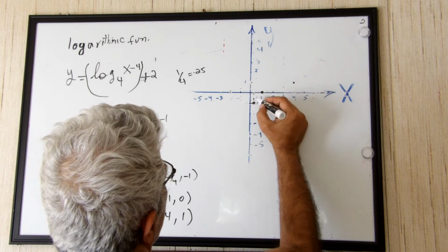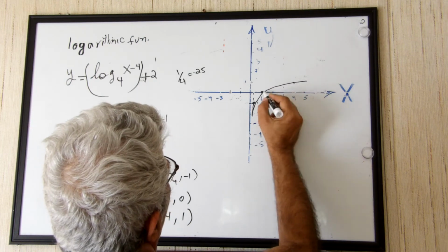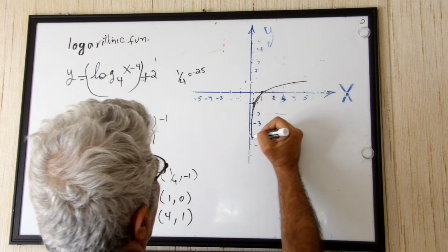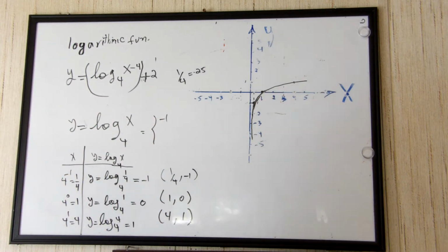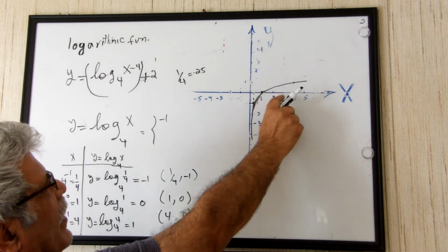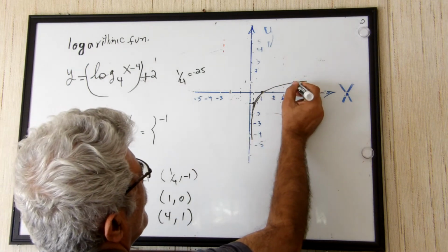So if we connect this, it's going to look like this. If you want to be more accurate, you can find more points, like 1.5, 2.5, 3, but we know that 3 points is enough for us.